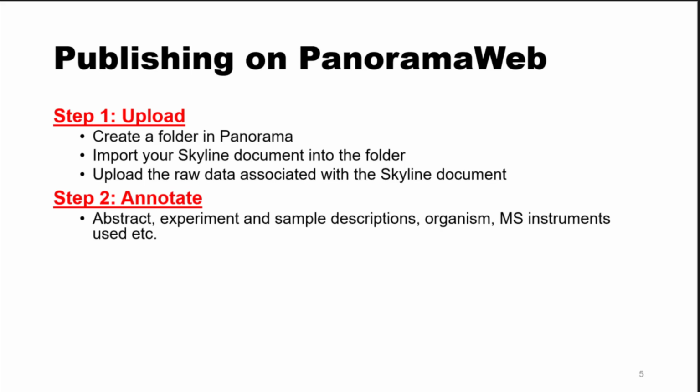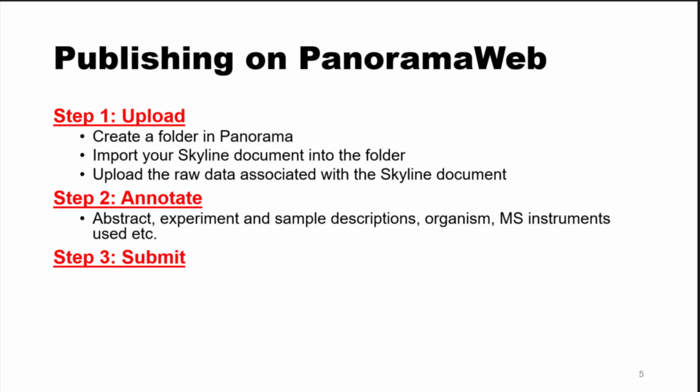Step 2, you annotate, not in the Skyline document annotations, but you annotate that Panorama project. So you have to add certain things for this Panorama project and this set of Skyline documents, such as the abstract for that project, details about the experiment and how you prepared the samples, and which mass spectrometer you used.